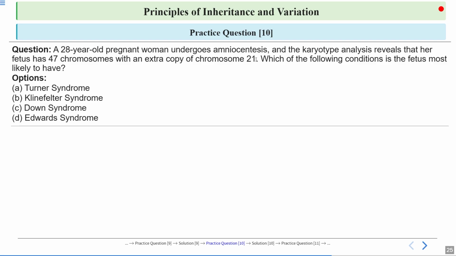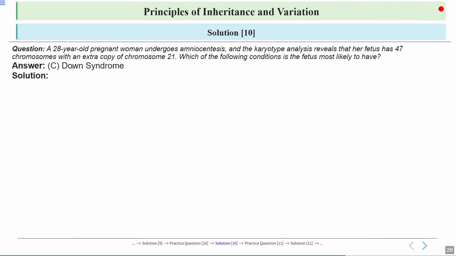So you can see there is a trisomy of chromosome 21. There is an extra copy of chromosome 21. Usually there are 2 copies, but there is 1 extra copy, meaning there are 3 copies. This is known as trisomy of the 21st chromosome. What will be the correct answer? Here the correct answer will be option C, Down syndrome.